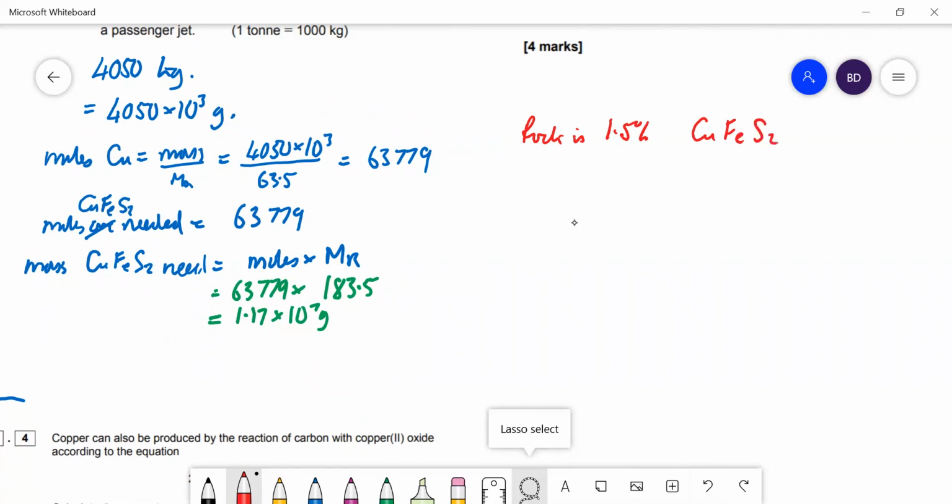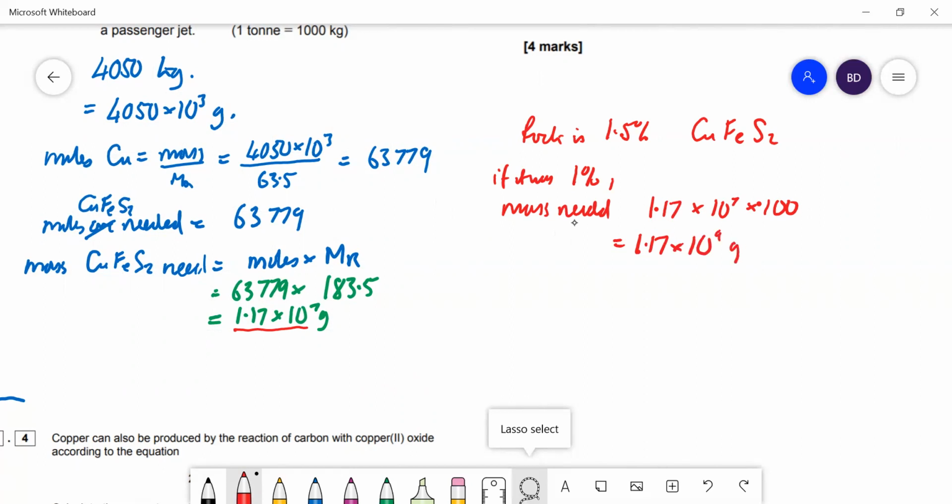Okay, it's only 1.5%. Now let's say it was only 1% mass needed of the rock, well, we'd need this number multiplied by 100. If only 1% of it was actually that stuff. So let's do that times by 100. So that's going to give us 1.17 times 10 to the 9 grams.